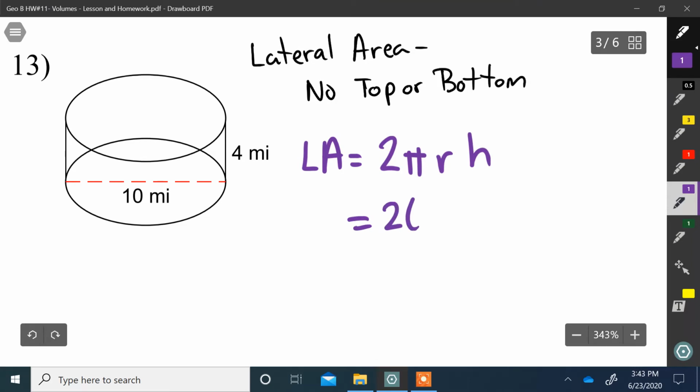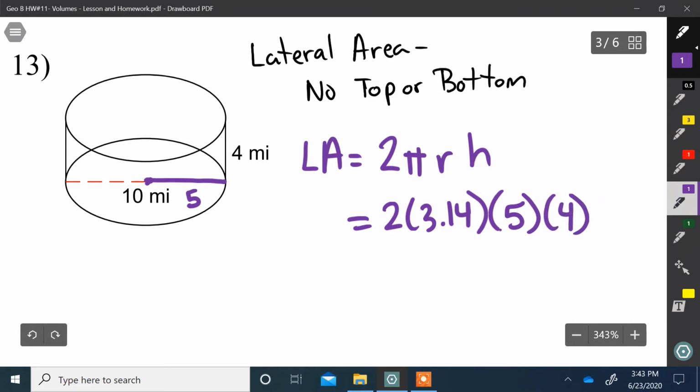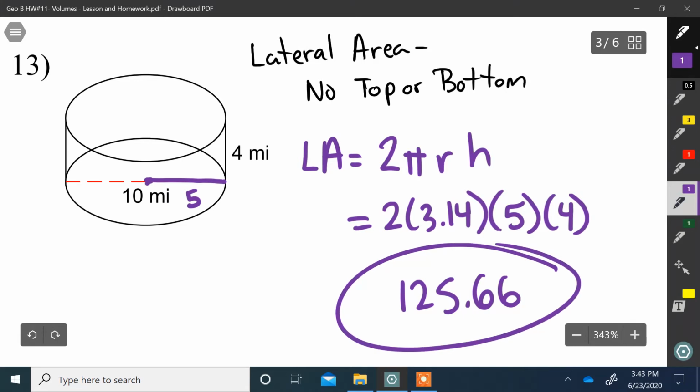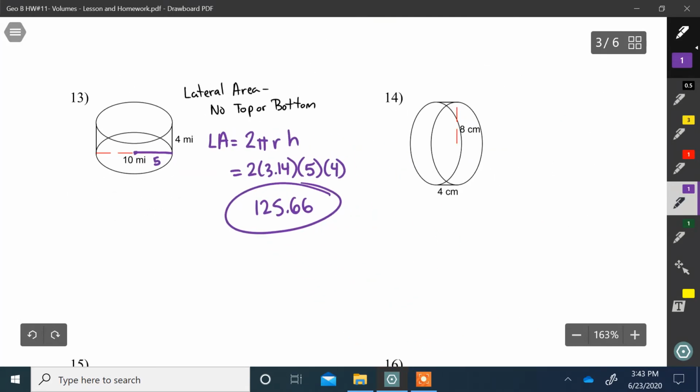So 2 times 3.14 times R. If this is 10, that means that the radius is 5 and the height will be 4. When I multiply all that out, I will be getting 125.66. That's your final answer. Okay?